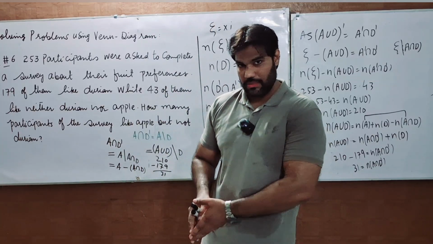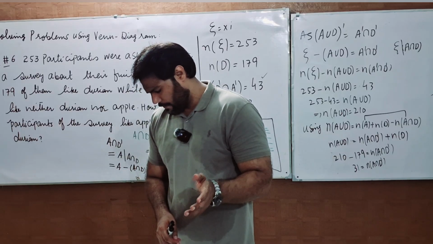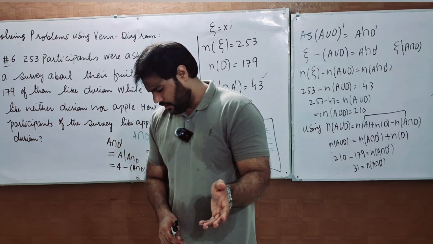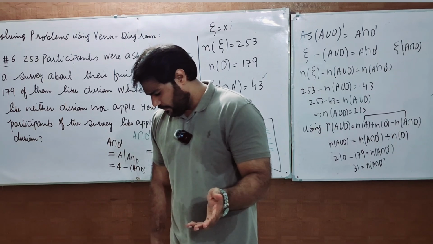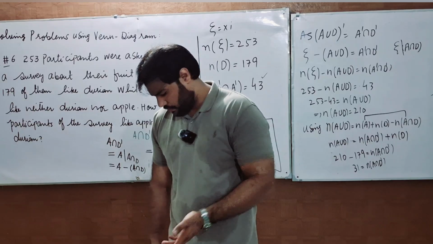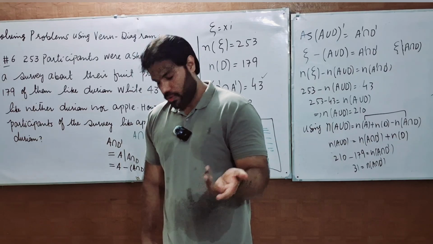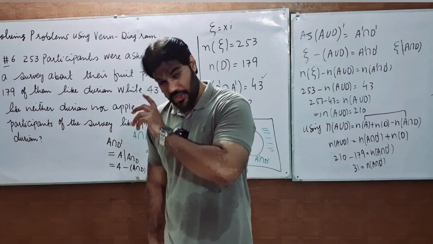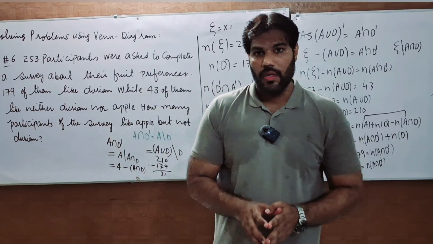The only difference is the numbers and the names. In question number 6, we have participants who like fruits, but here we have a number of students that travel to Malaysia. So I hope you can do question number 7 by yourself.